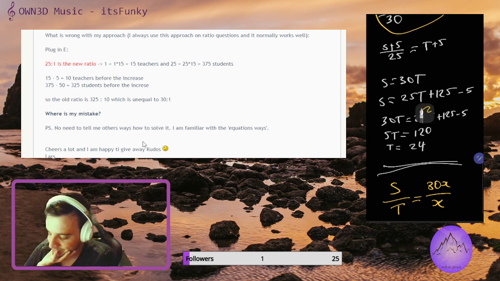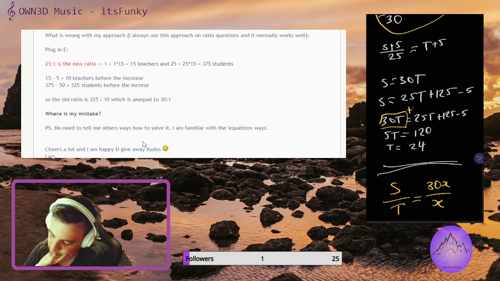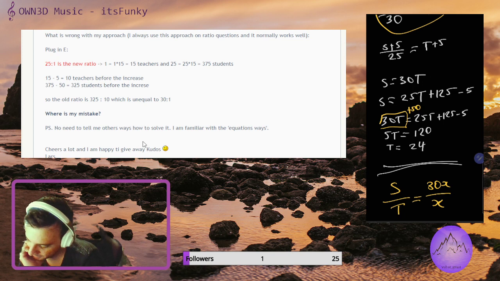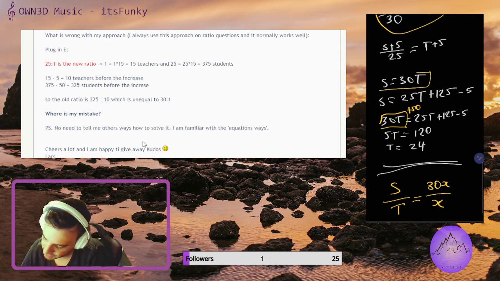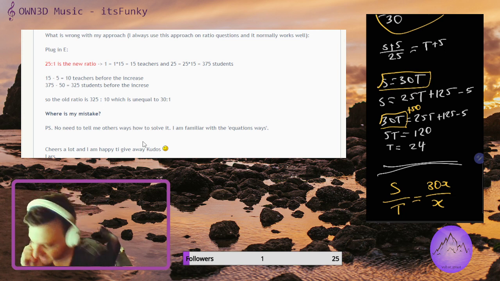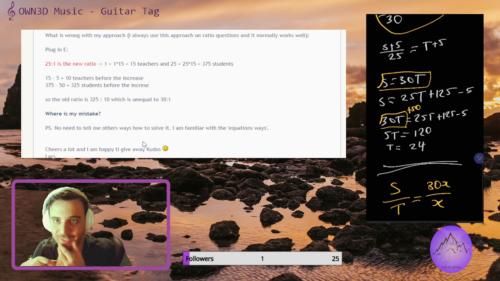So the mistake I made was, I think, working with 30t instead of 30t plus 50. I think that's what I did. Yeah, because I said S equals 30t, but that was the starting 30t.